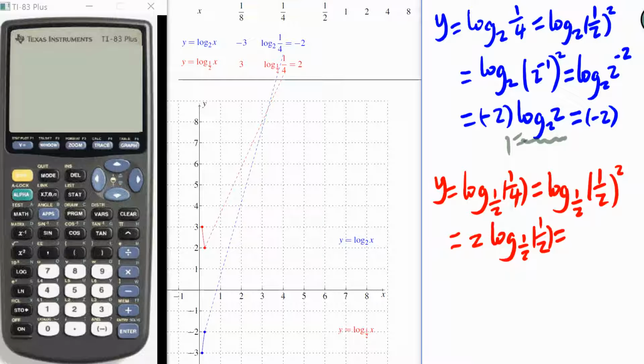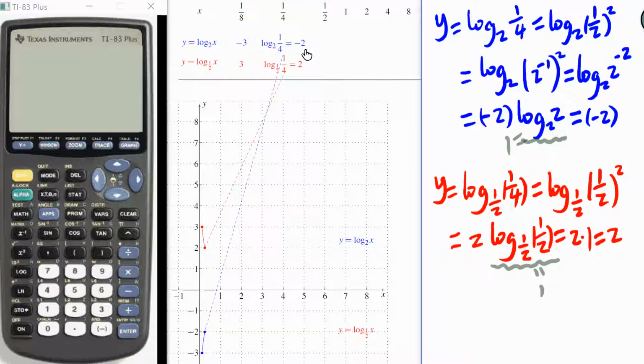And we know this value is 1, because the base equals the power. So let me write this 2 better. 2, this value is 1. So 2 times 1 is 2. This is how we got 2 for the red function.